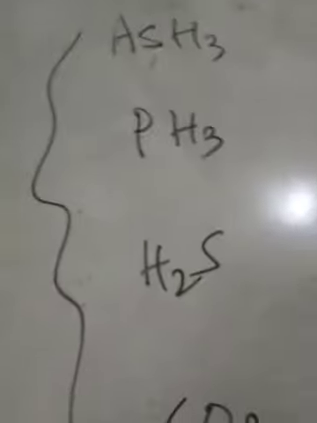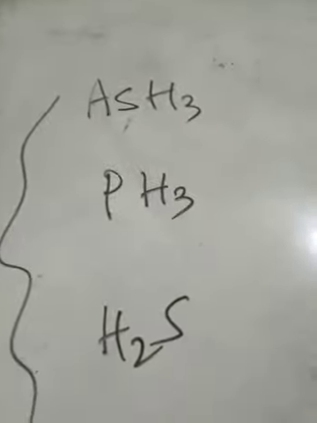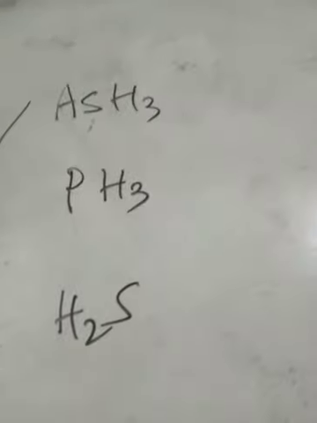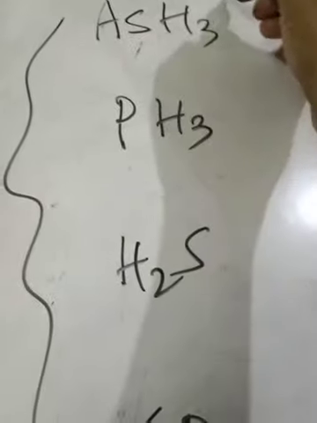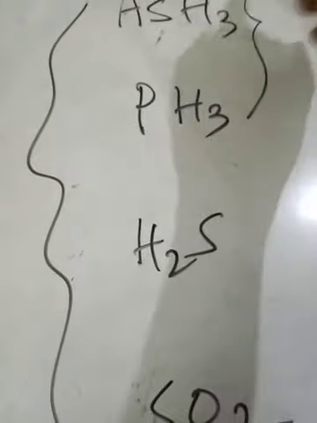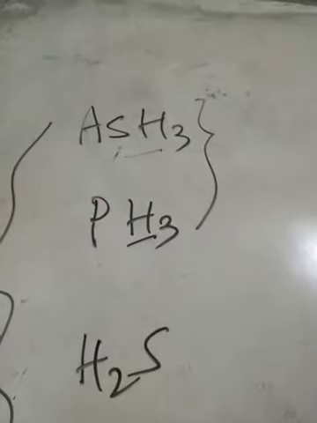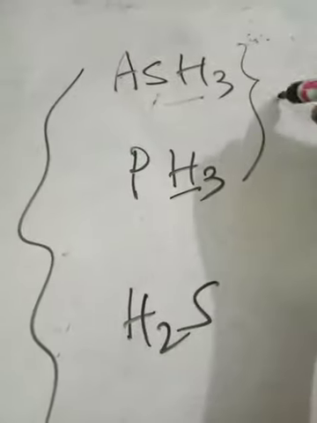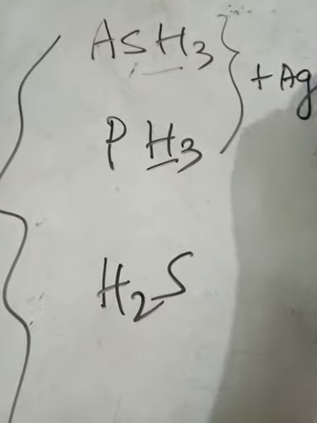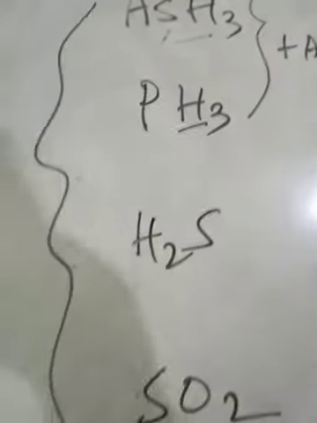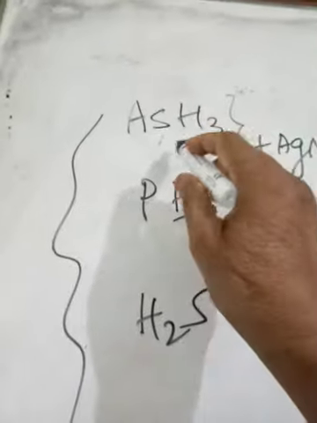Now these impurities have to be removed from hydrogen. To remove arsine or phosphine, the hydrides of arsenic and phosphorus, you have to use silver nitrate solution. That means the side tube has to be passed through a U-tube or a beaker containing silver nitrate solution.